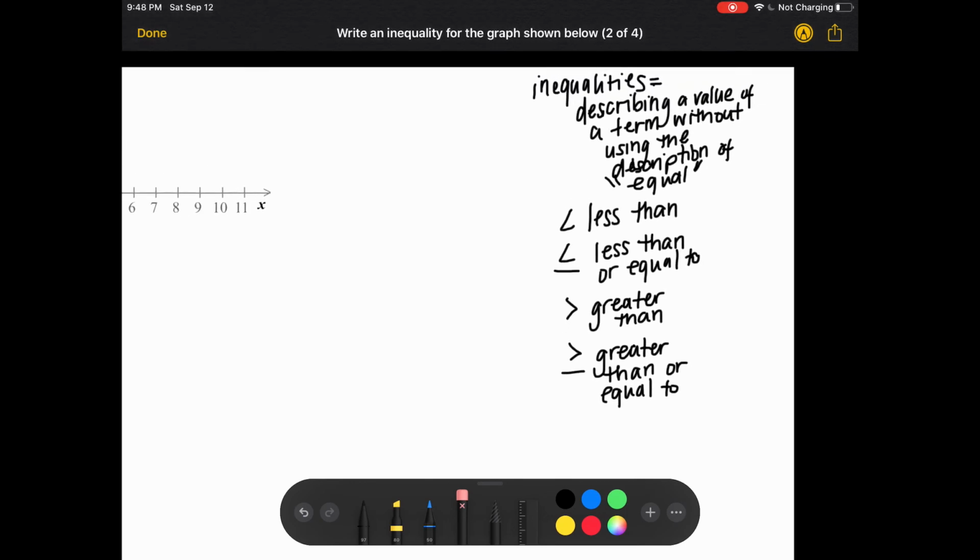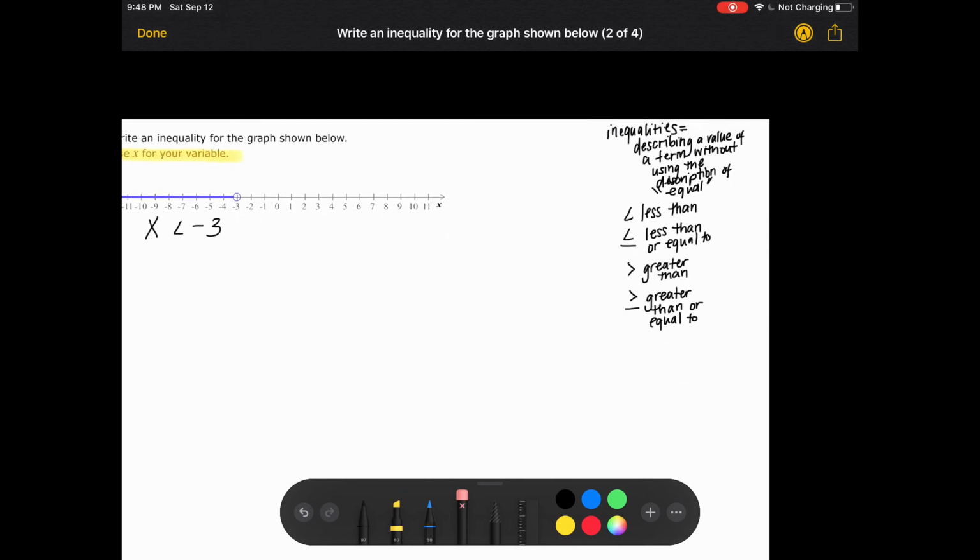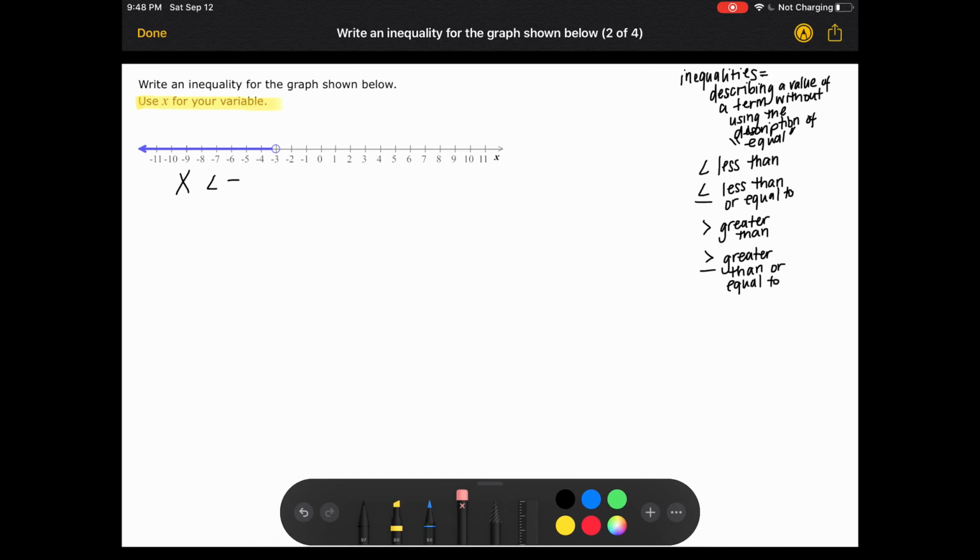Let me write you some notes over here. When you do this question, whenever you see an equal to, it is going to be a closed dot. So if you have the less than or equal to, it's going to be a closed dot.